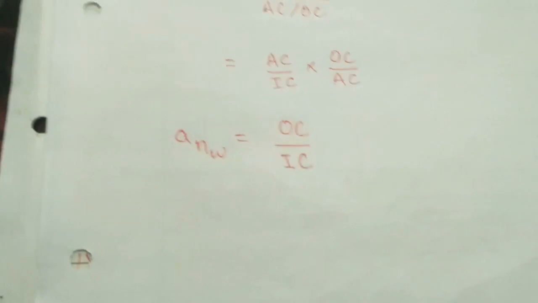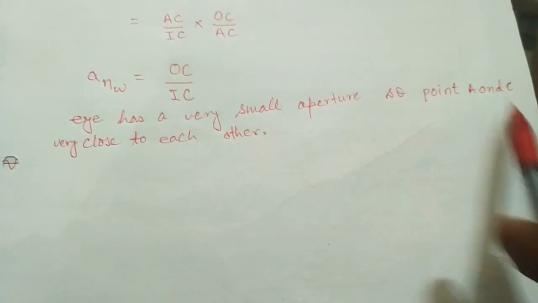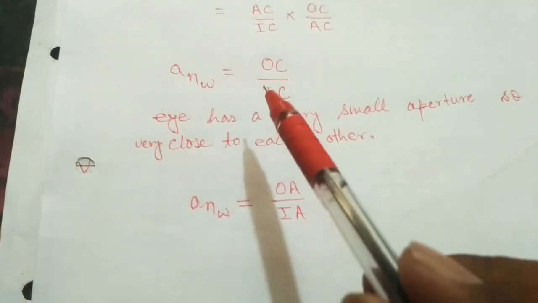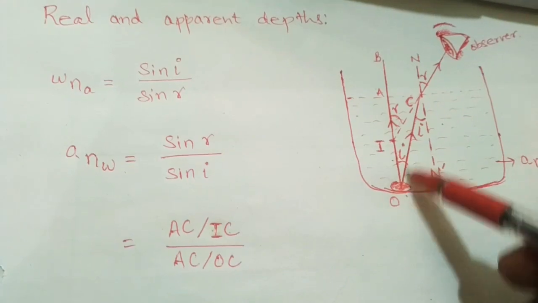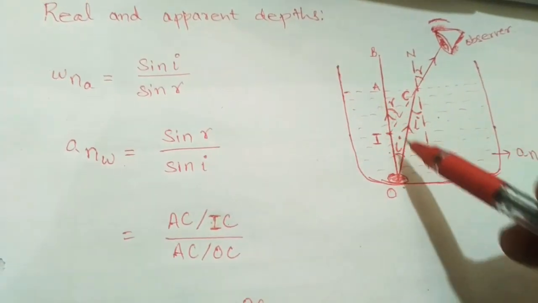Let's change that. The eye has a very small aperture, so point A and C are very close to each other. On changing that, OC upon IC changes to OA upon IA. What is OA right here? That was OC, now it is OA, and IC is now IA.